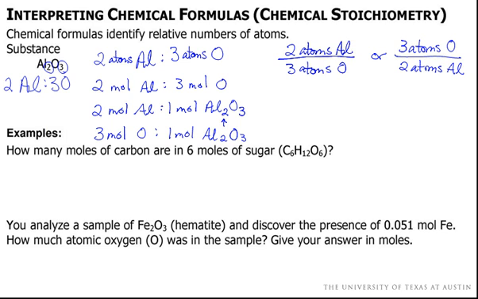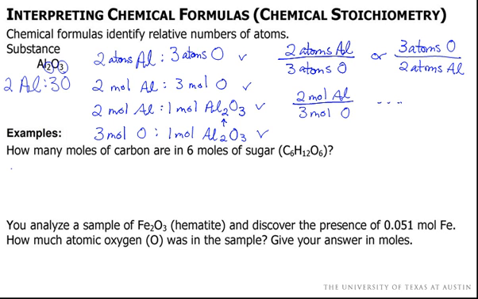And I can do that sort of relationship for every one of these that I've listed. So I can also say 2 moles of aluminum per 3 moles of oxygen, and so forth.